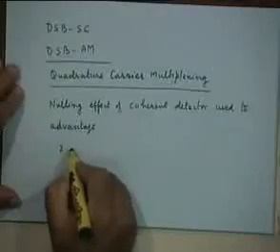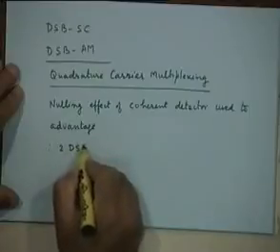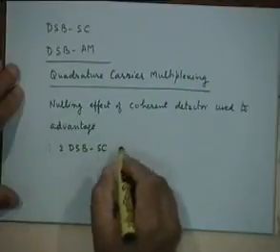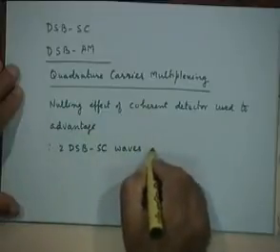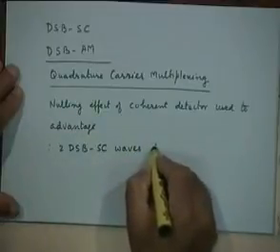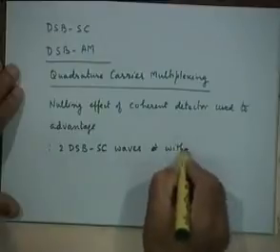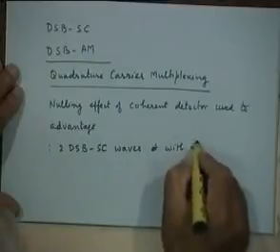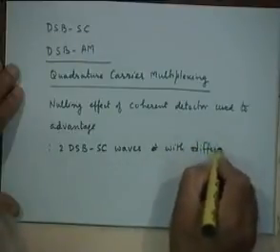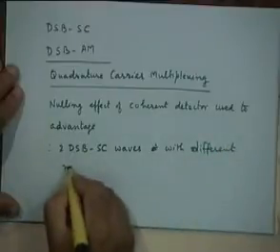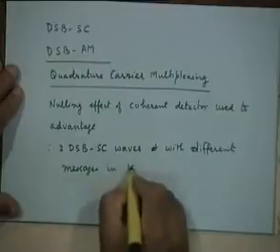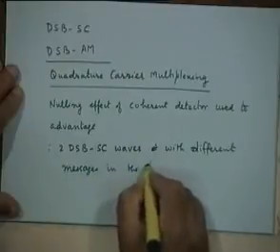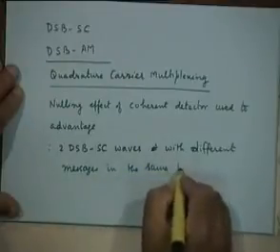So we have two DSBSC waves with different messages, carrying different messages. And both of them will be transmitted in the same bandwidth, isn't it?